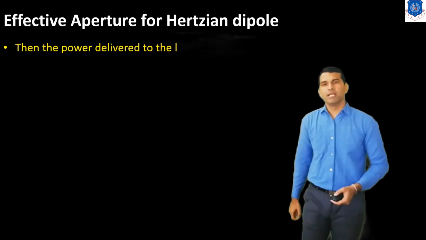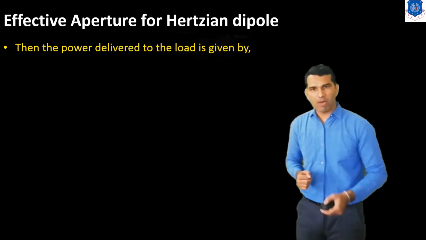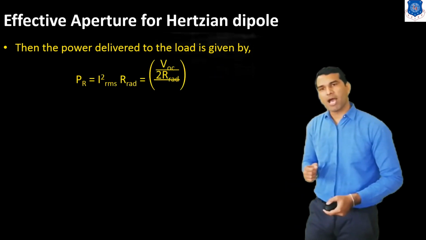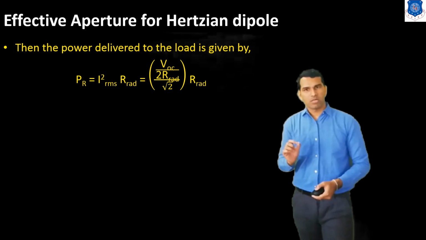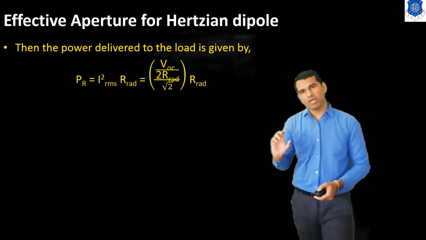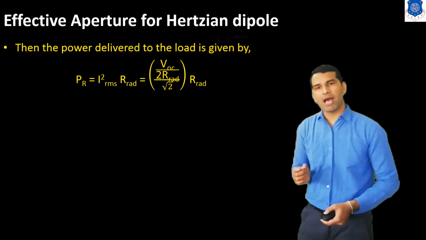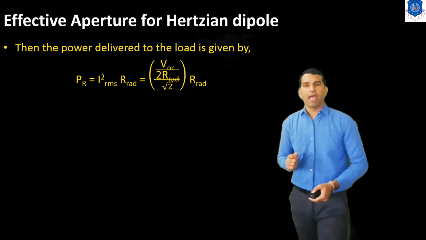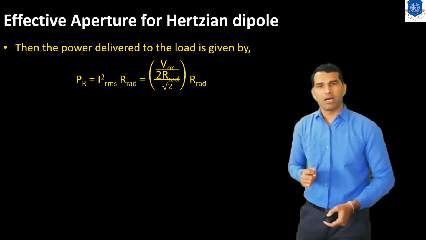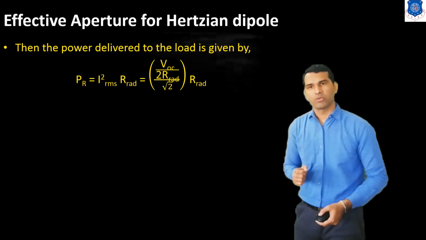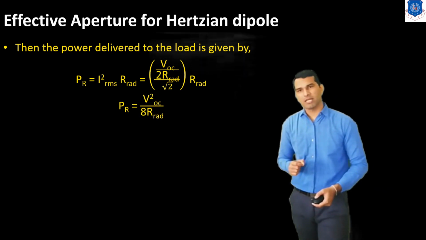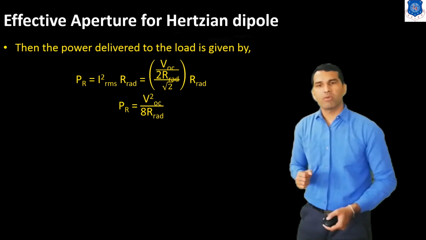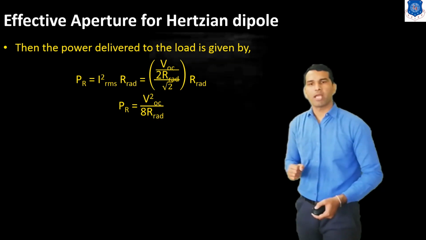The power delivered to the load is given by PR is equal to I squared RMS into R radiate. So this is the power equation, PR is equal to I squared R. We can also write I squared in the form of VOC upon root 2 R radiate, so when we solve this, PR is equal to VOC squared, open circuit, upon 8 R radiate.